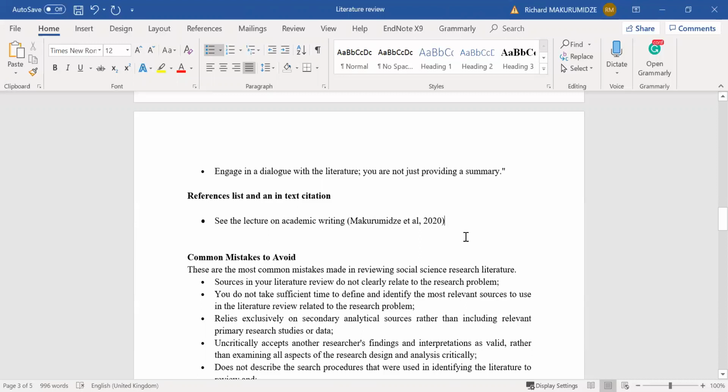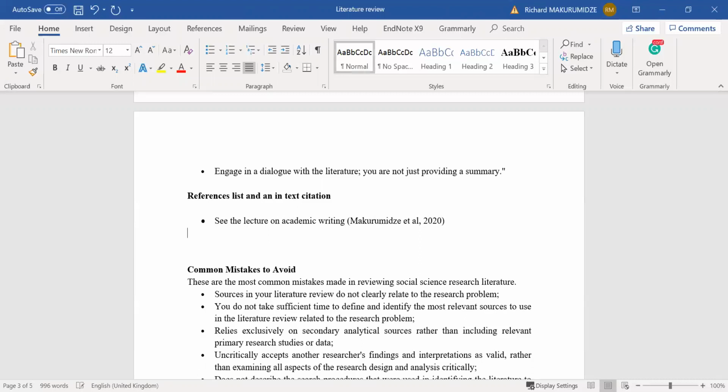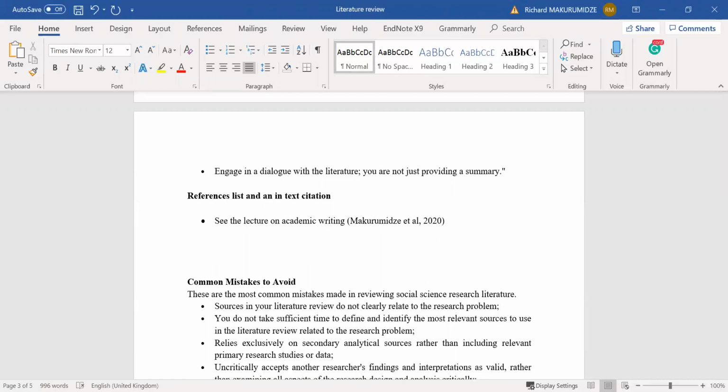Then at the end of your literature review, you write, for example, that this was from Richard Makuruminze, the name of the author. The title of the research was on quarantine risk factors.